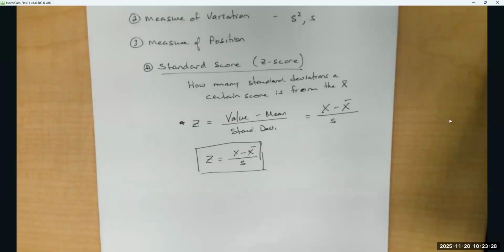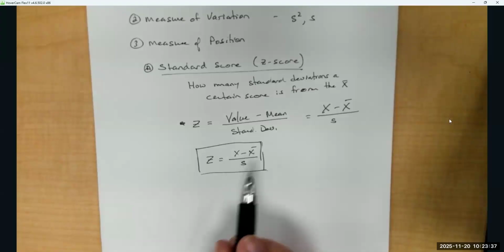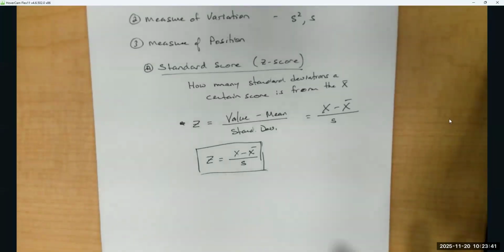Can it be negative? Yeah, because your actual score could be less than the mean. So it's to the left, which means the mean's bigger than yours, so it's negative. Could it be positive? Yes, so the opposite reasoning. Can it be zero?